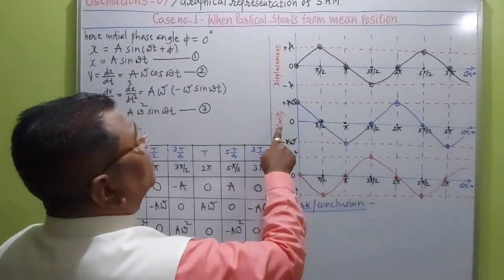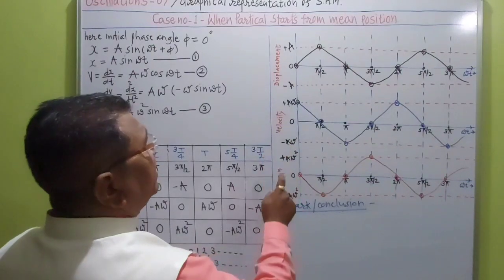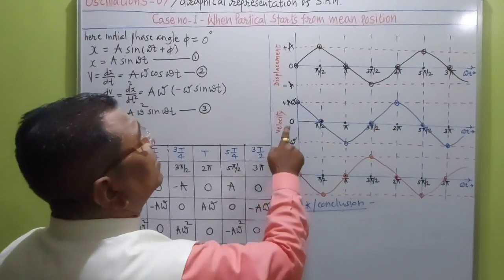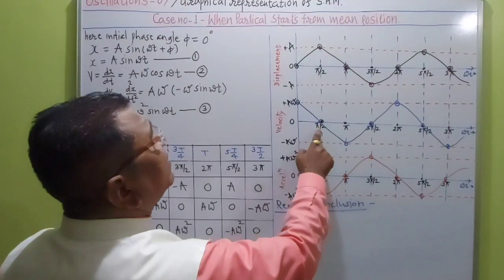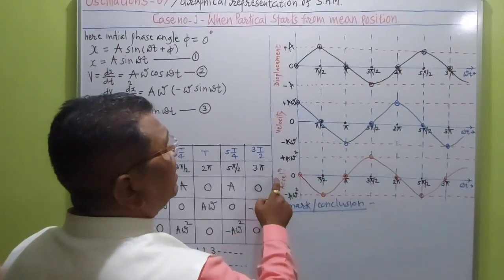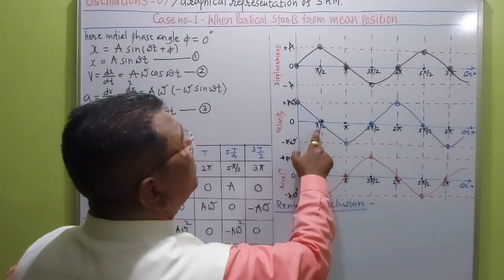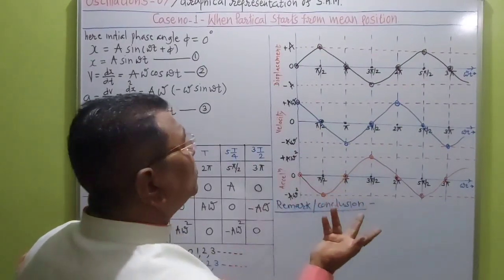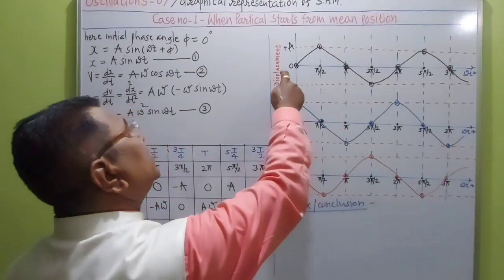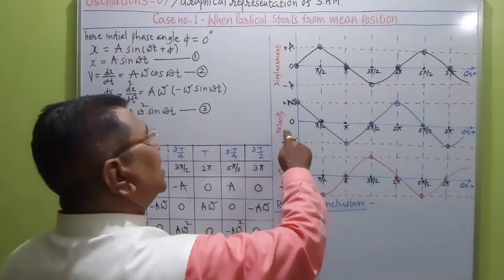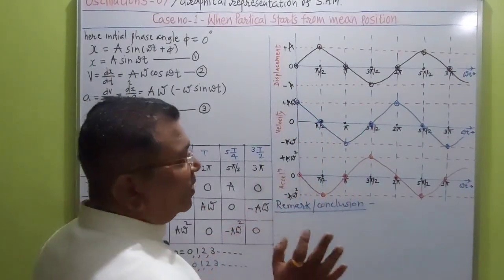Then the phase difference between velocity and acceleration: velocity touches the x-axis at first pi by 2, while acceleration touches the x-axis at first pi. Again the difference is pi by 2.